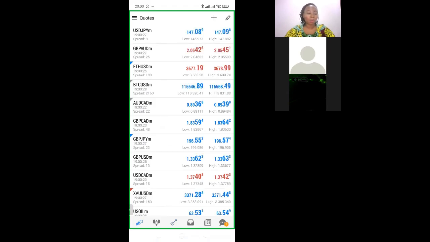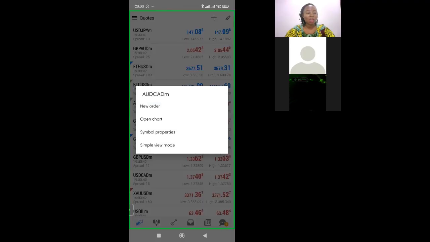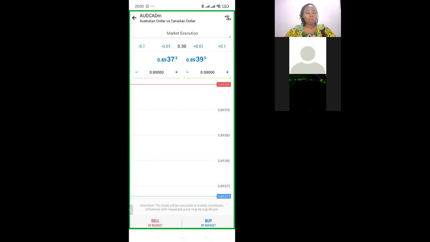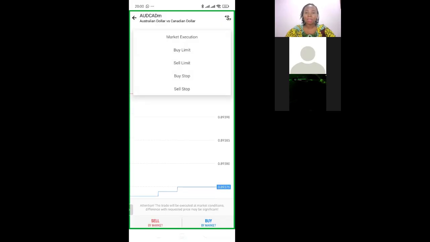You can access it from the quotes, from the chart, or from the trading position interface itself. We've looked at the different kinds of orders, the instant or market execution. We've also looked at the pending orders: buy limit, sell limit, buy stop, sell stop.